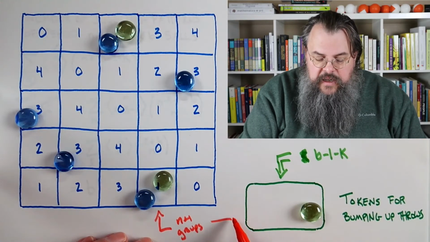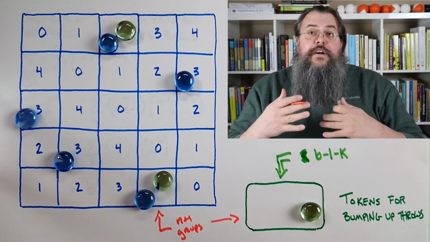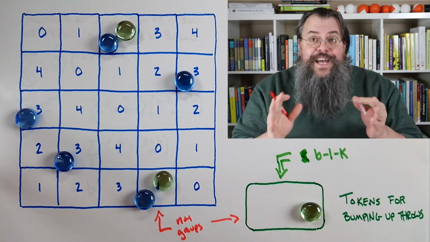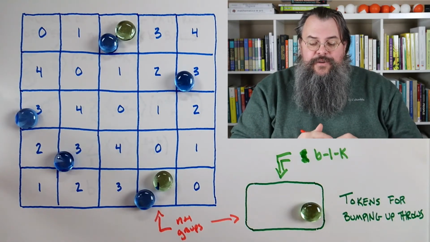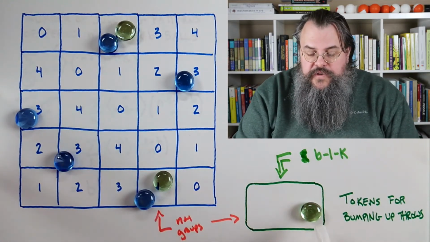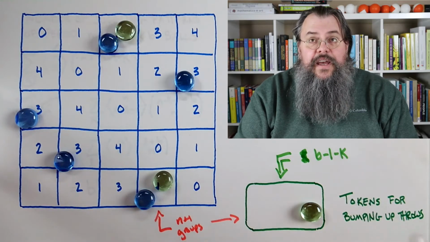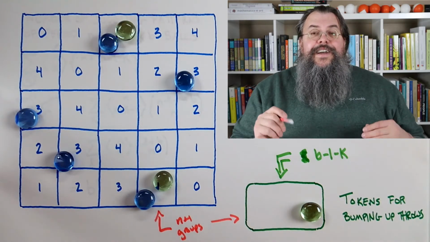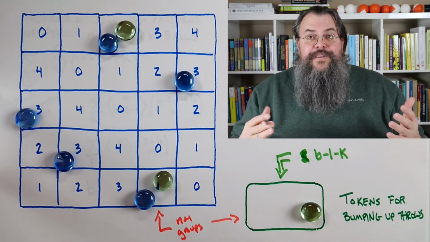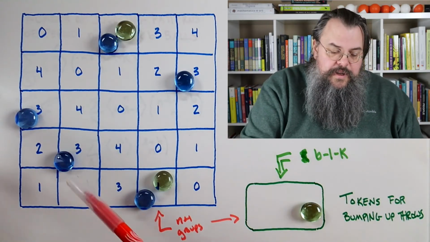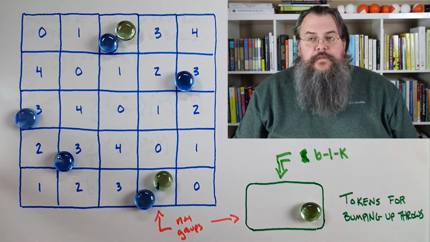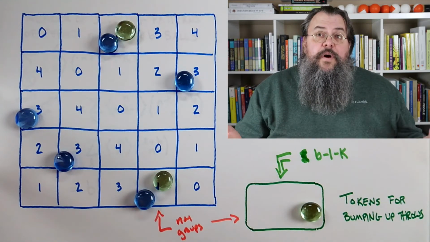Put another way, in terms of the bars, we have exactly N bars. So we've got N bars corresponding to our N plus 1 groups, and b minus 1 minus k stars. And now we just think about how we can distribute things, either by bumping up the throws or by choosing not to use all of our bumps and having some smaller number of balls.